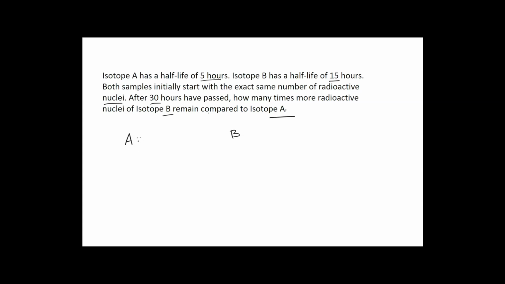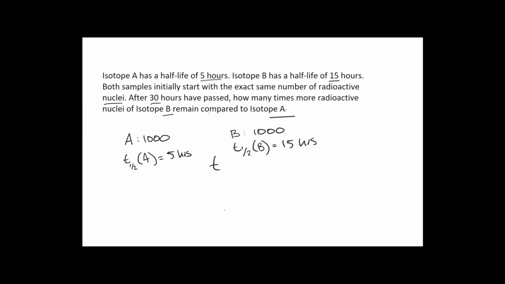Okay. So let's look at A and B separately. And let's say they both start off with, say, 1,000 nuclides. So the half-life of A is 5 hours, and the half-life of B is 15 hours.